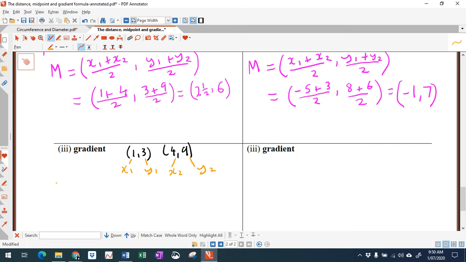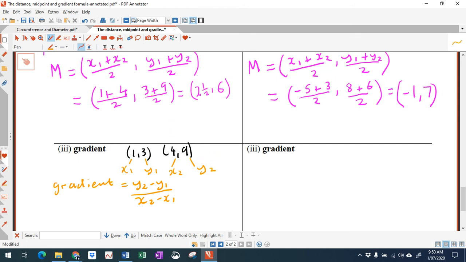Now the slope, or the gradient, is going to be found using the formula. So you can write down gradient equals y2 minus y1 over x2 minus x1.